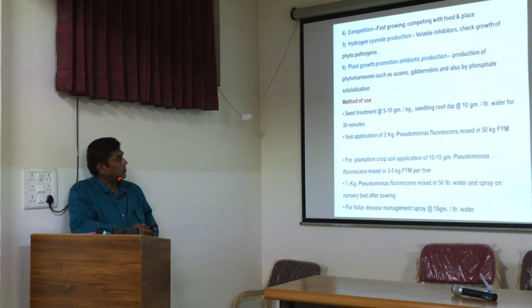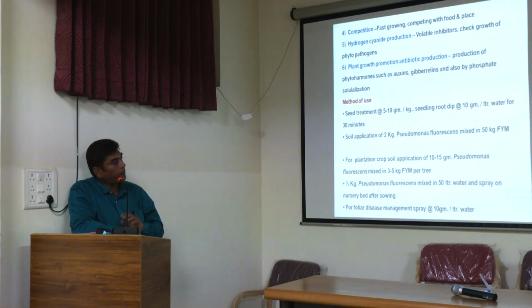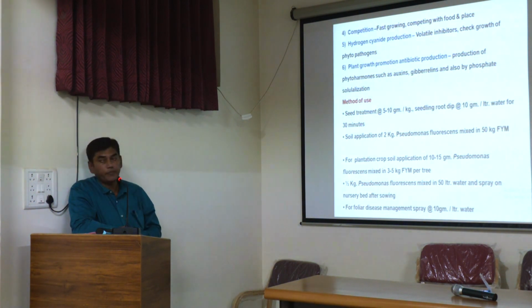What are the methods of use in case of Pseudomonas fluorescens? It is used as a seed treatment, 5 to 10 gram per kg, and also as a seedling root dip, 10 gram per liter for 30 minutes. Soil application, 2 kg Pseudomonas fluorescens mixed with 50 kg FYM. That is the soil application method.